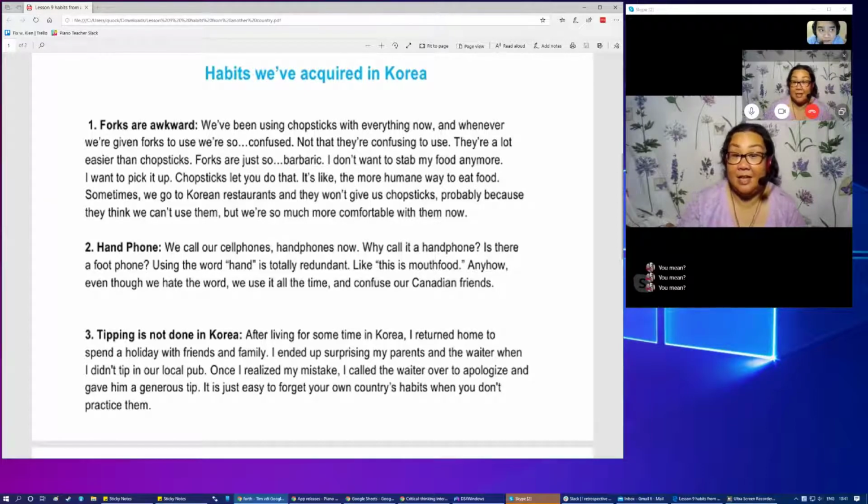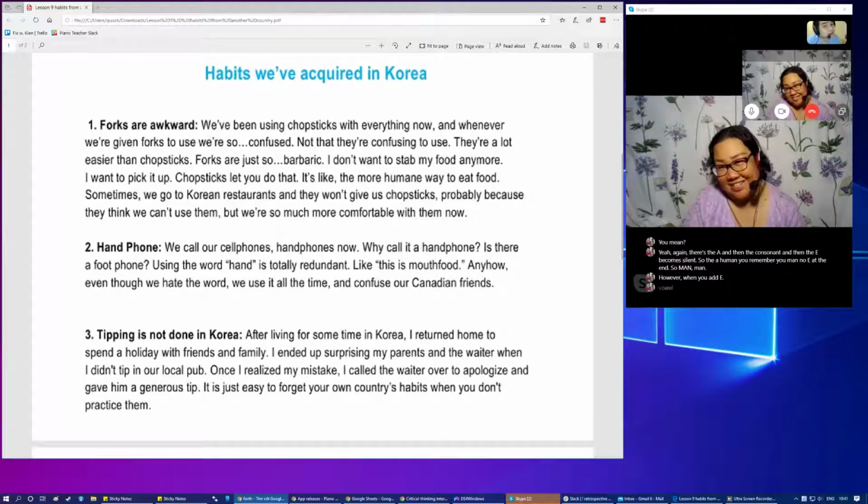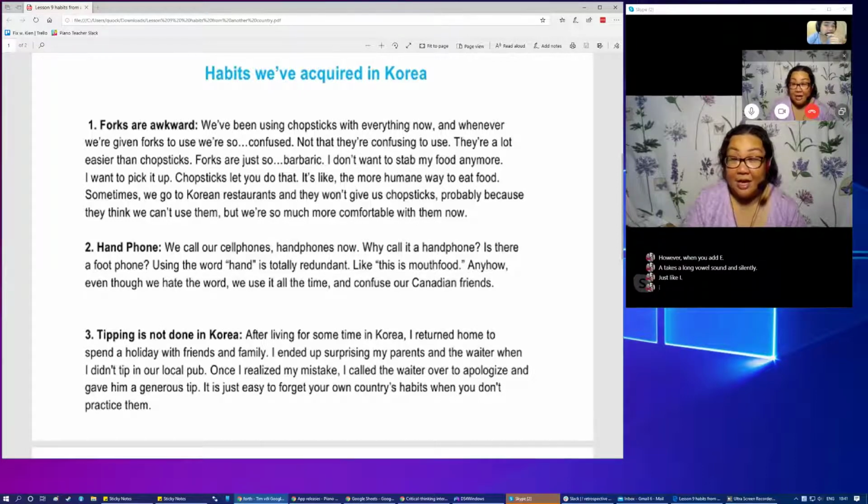Yeah, again, there's the A and then the consonant and then the E becomes silent. So you remember human, no E at the end. However, when you add E, A takes a long vowel sound and silent E. Like I, consonant, E: I takes the long I sound and E is silent.